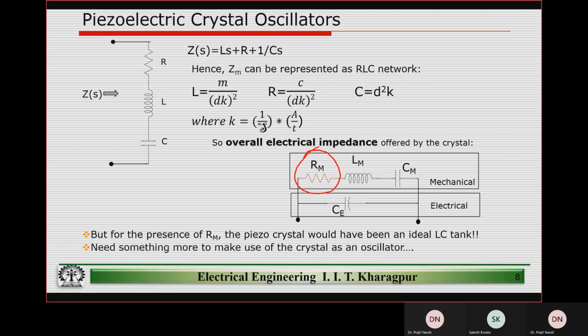To make use of this overall impedance offered by the crystal, we can connect it in some form of circuit. We can use some amplifier, and we'll see why we need that amplifier. But this LC tank can be used to make an oscillator.